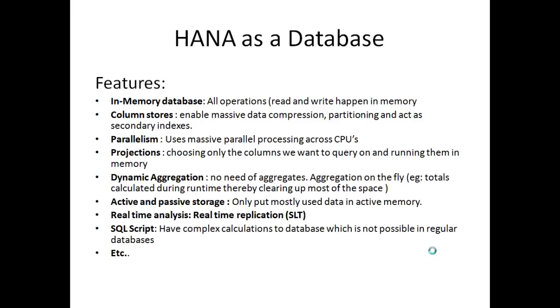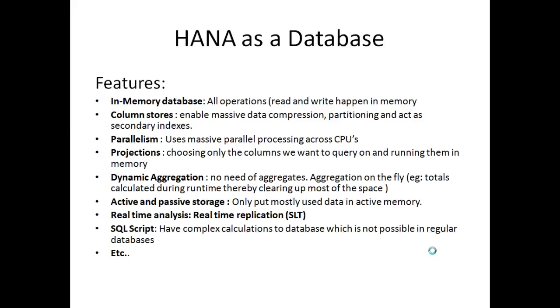The next is active and passive storage. What it really means is you only use the data which is active, like for the current year, which can be in active mode, and the rest can be stored in what's also called cold storage. So you don't have to have all the data in memory. You only need to have the data which is used mostly, like the current year or current fiscal year.